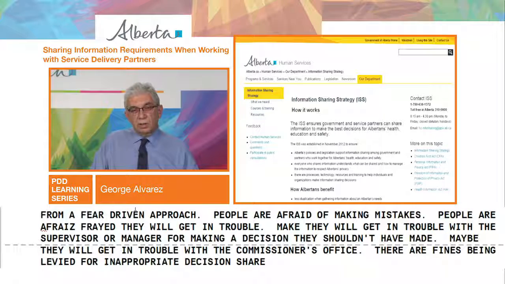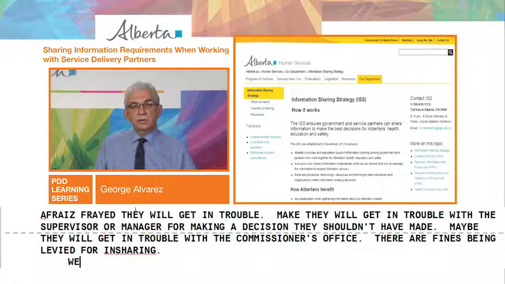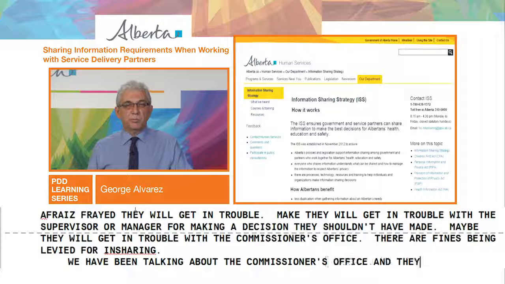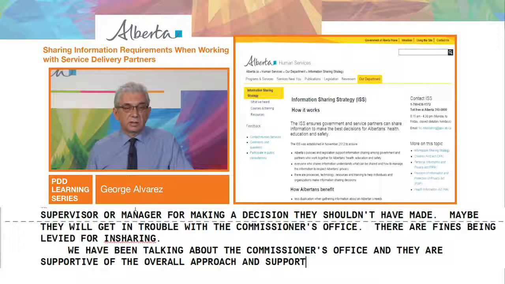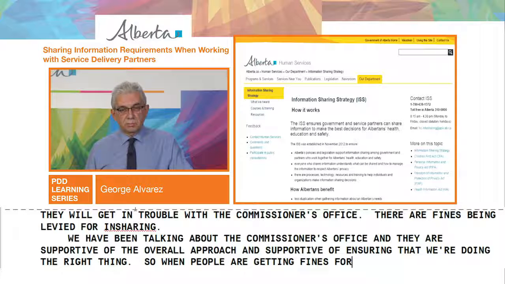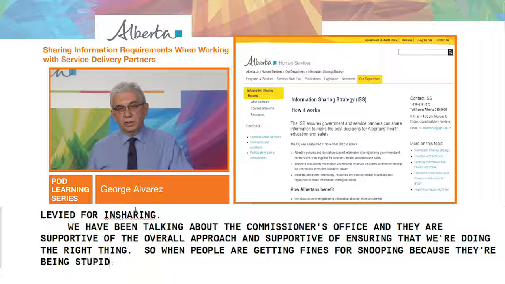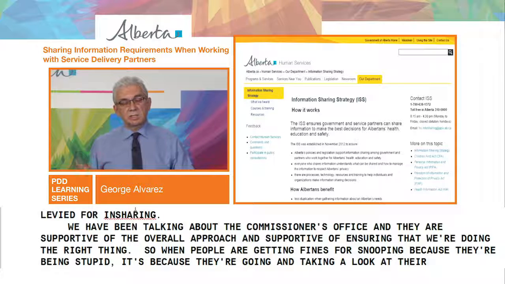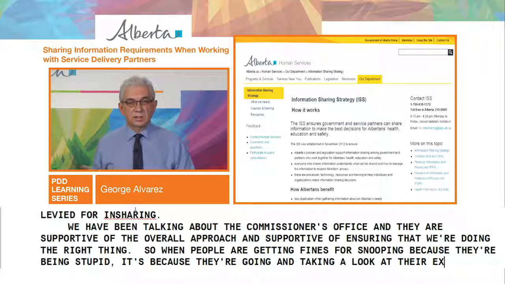Well, we've been talking with the Commissioner's Office, and the Commissioner's Office is very supportive of the overall approach and very supportive of ensuring that we're doing the right thing. So when people are getting fines for snooping, it's because they're being stupid. It's because they're going in and they're taking a look at their ex-spouse's new partner's health information, as an example.